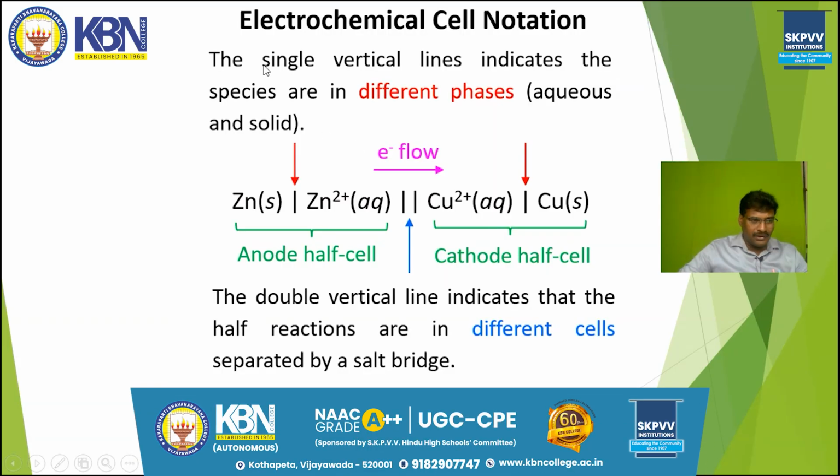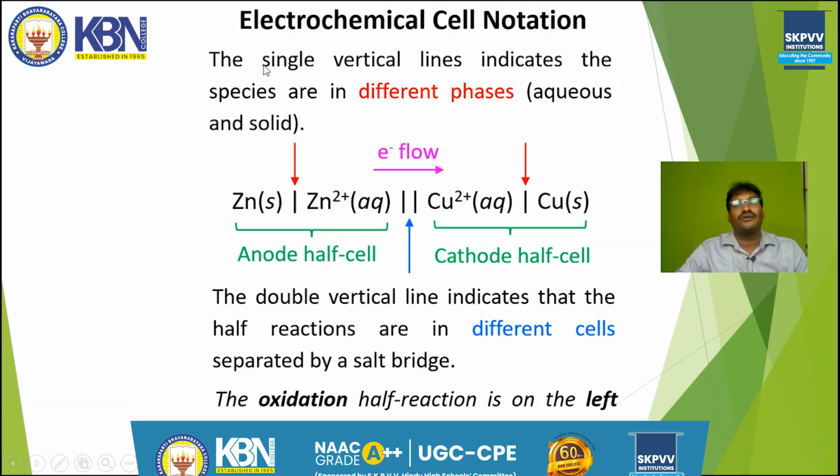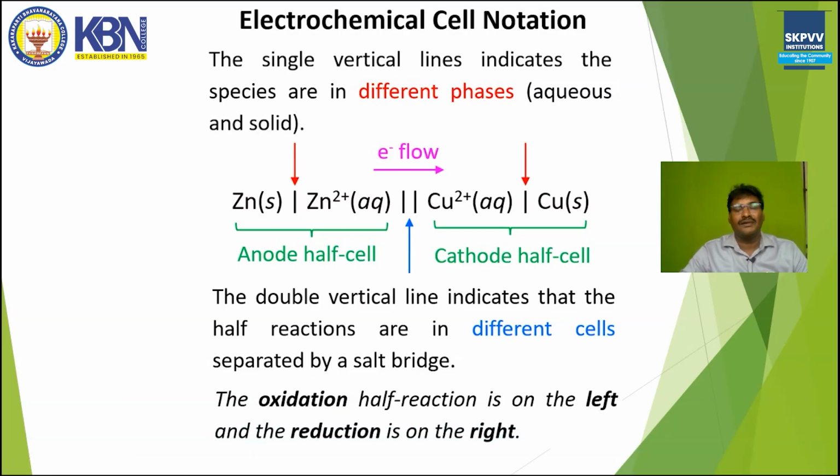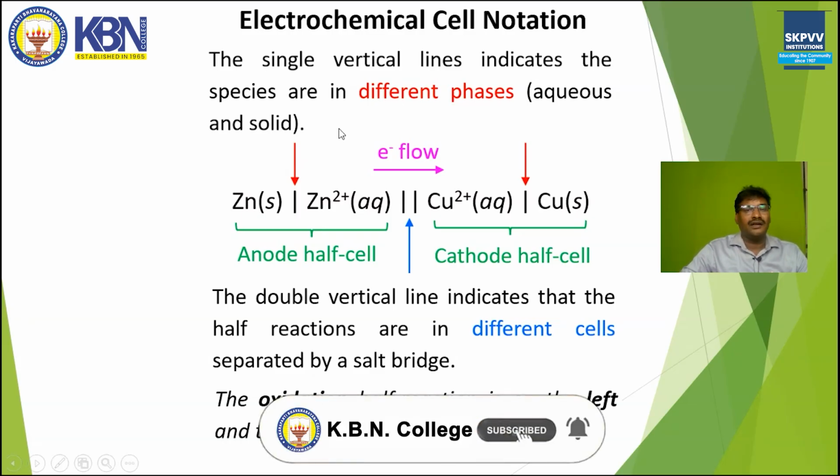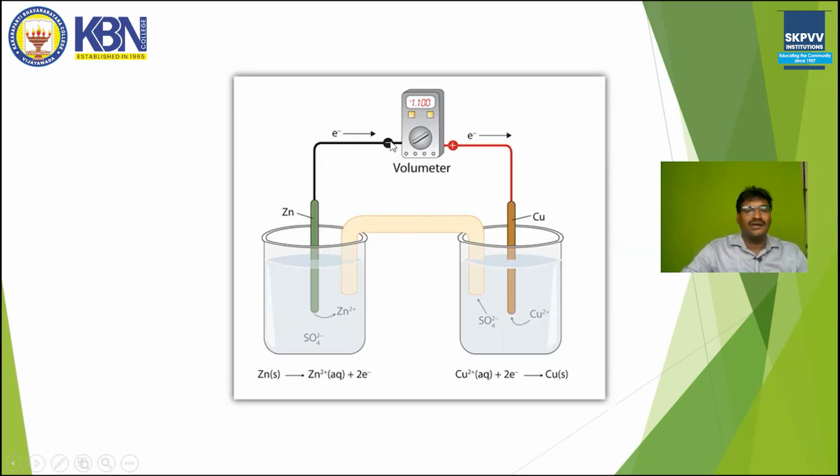Majorly in electrochemistry, we want the electrochemical cell, which produces current. The best one is the galvanic cell, constructed by using zinc and copper. A zinc rod is dipped in zinc sulfate solution. A copper rod is dipped in copper sulfate solution.